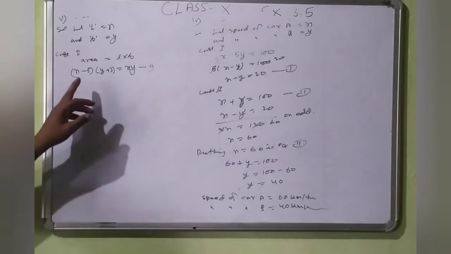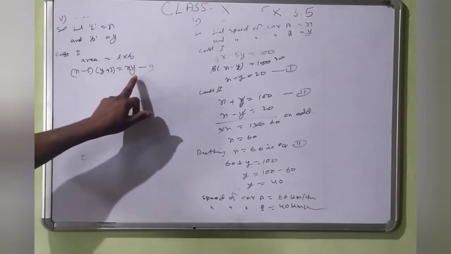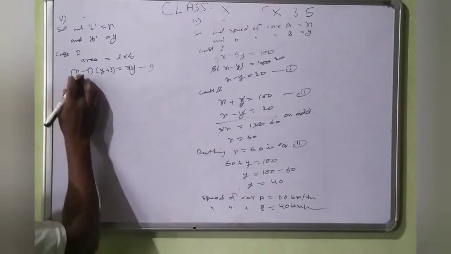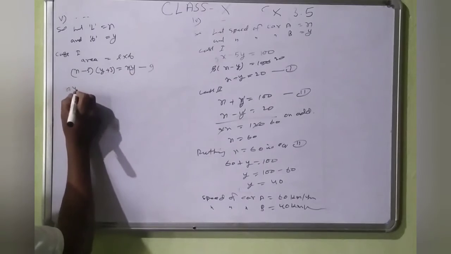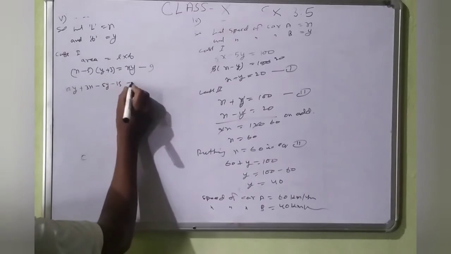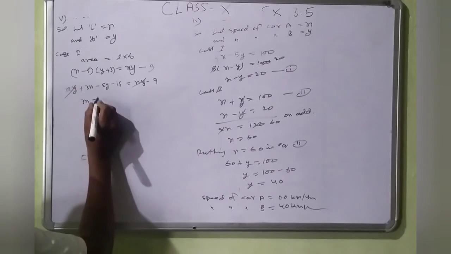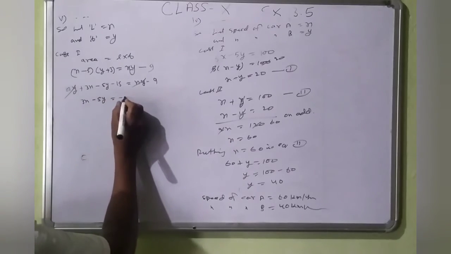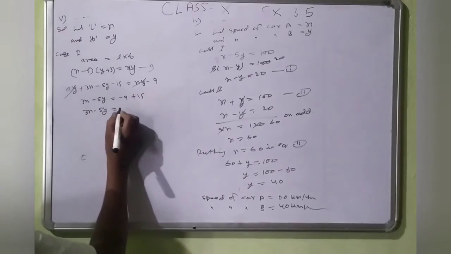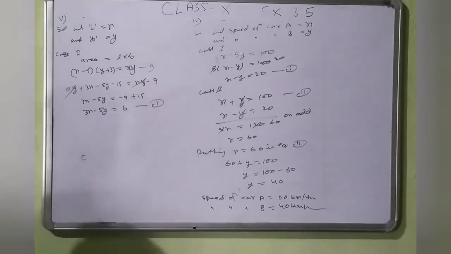If length is reduced by 5 and breadth is increased by 3, then area reduces by 9 units. Now multiplying both brackets, xy plus 3x minus 5y minus 15 is equal to xy minus 9. xy cancels by xy, so 3x minus 5y is equal to minus 9 plus 15, so 3x minus 5y is equal to 6. This is the first equation.